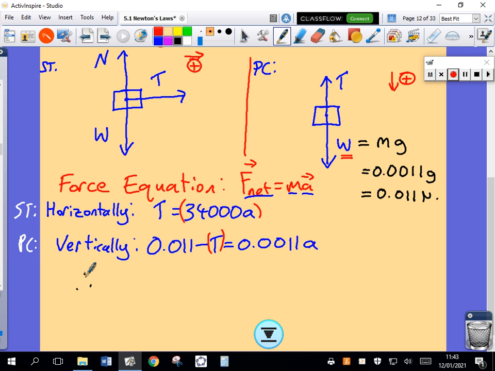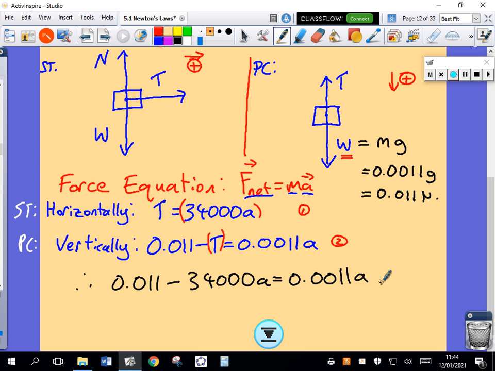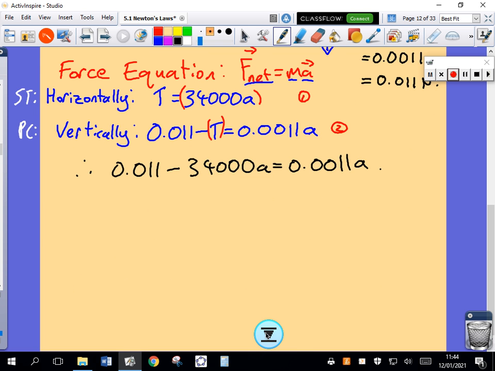So I can deduce, therefore, taking equation 1 and plugging it into equation 2, that 0.011 subtract T, which is 34,000 A, is equal to 0.0011 A. I'm going to try to solve for A, so I'm going to use my addition property of equations.